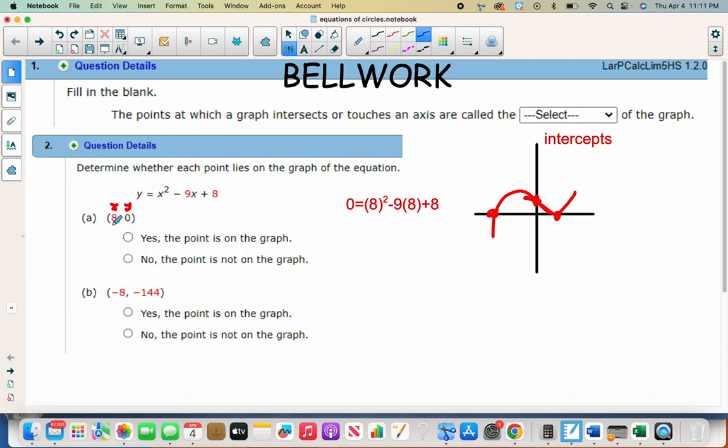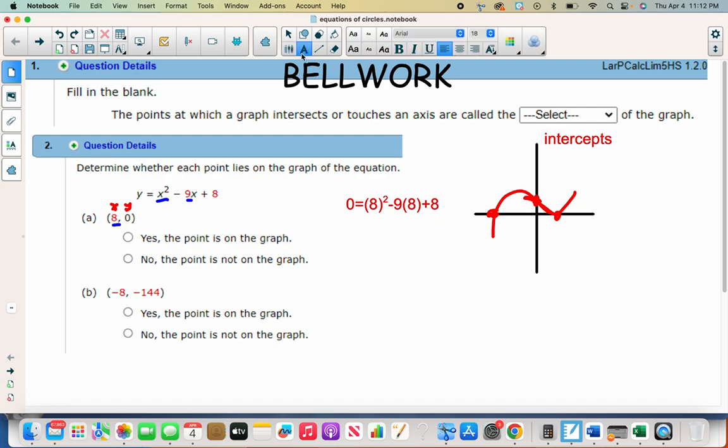So this 8 went for this x, and it went for this x. So instead of x squared, it's 8 squared. Instead of negative 9 times x, it's negative 9 times 8.